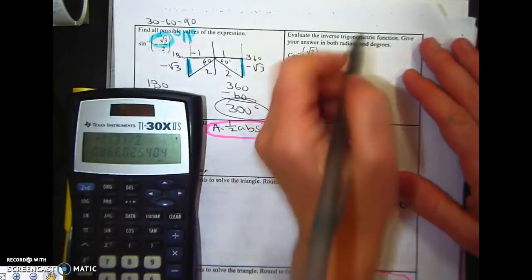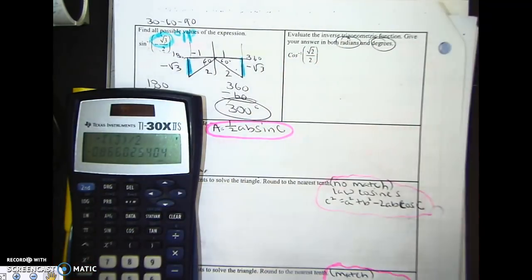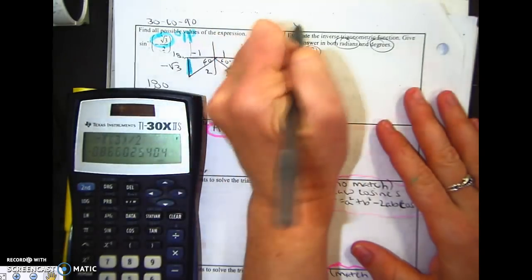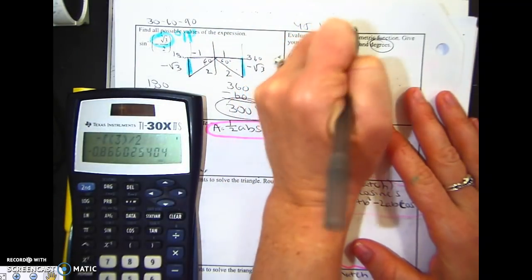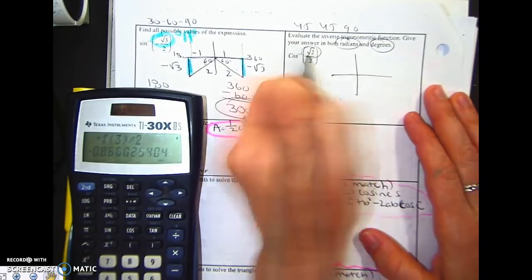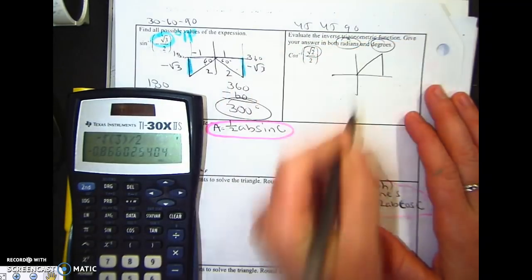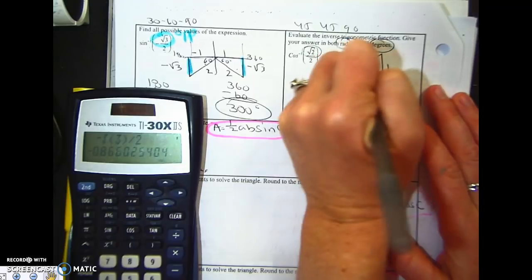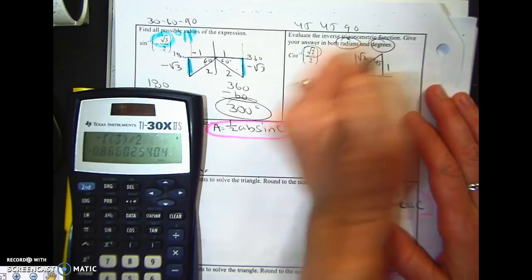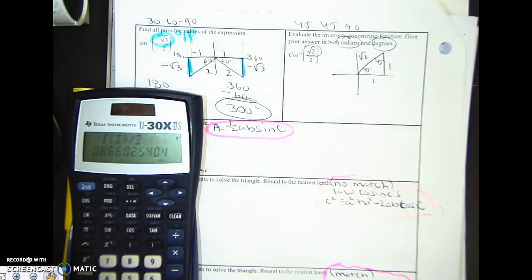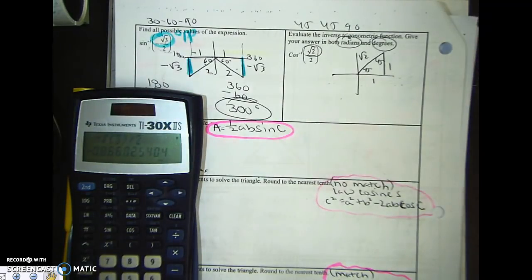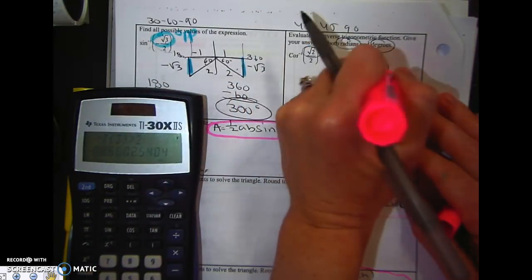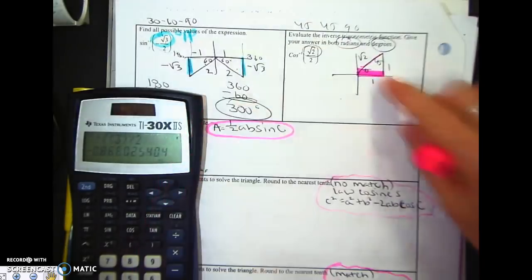Now in this problem, you need to be careful because not only do I want you to give me the answer in degrees, but I want it in radians. As soon as I see a rad 2, 45, 45, 90. As soon as I know that's positive, I know automatically it's in the first quadrant. 1, 1, rad 2, 45, 45. Cosine is adjacent, so it's my adjacent over hypotenuse, which makes it work.